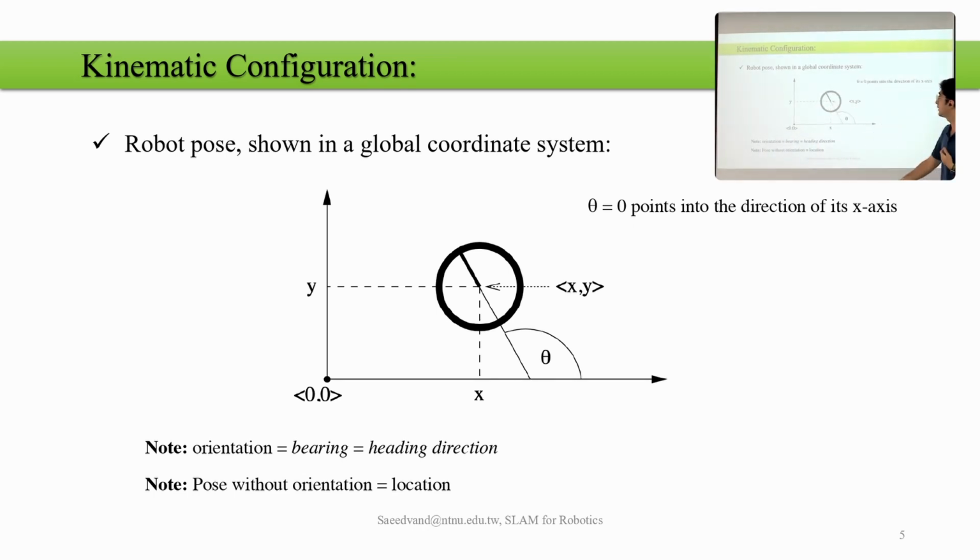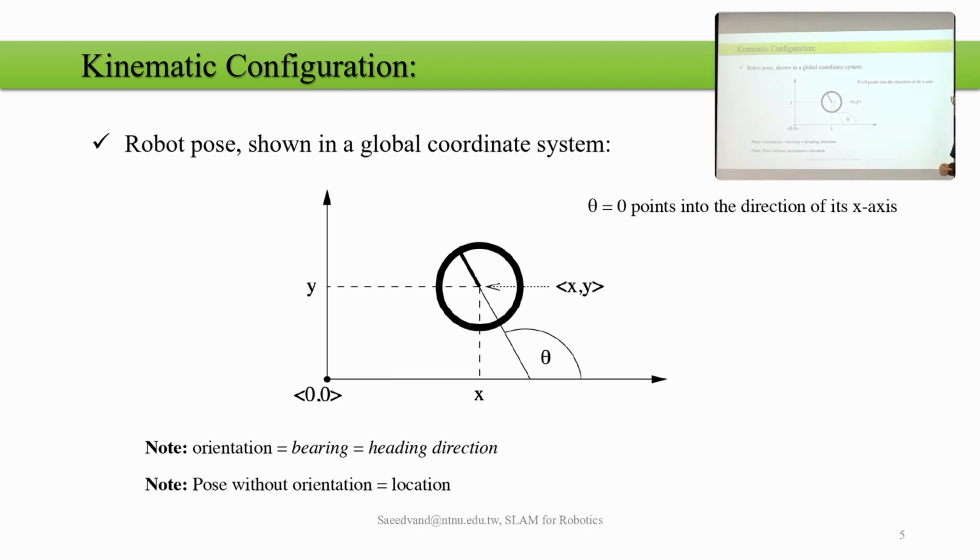In the coordinate system, we can show the robot position and pose like this, that this is the robot. This is the orientation of the robot, where it is looking, which we also call bearing and heading direction. In different books and references it can be different. Sometimes you may see bearing, sometimes orientation or heading direction.